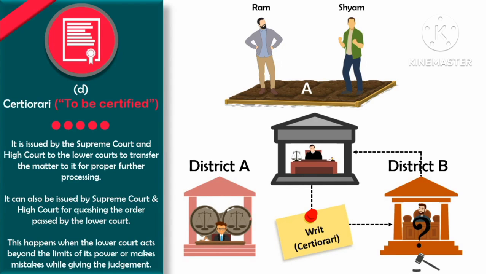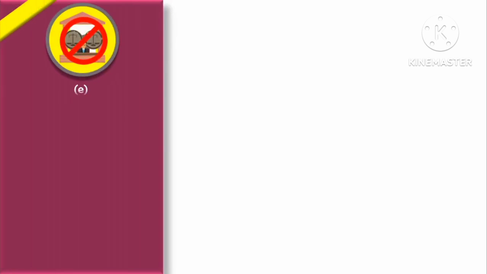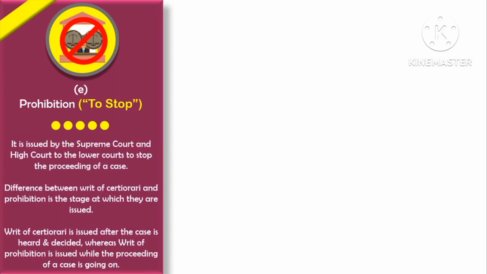Now moving to the last writ, that is the writ of prohibition, which means to stop. A writ of prohibition is actually similar to a writ of certiorari. It is issued by the same authority and against the same authority, meaning it is issued by the High Court or Supreme Court to its lower courts.